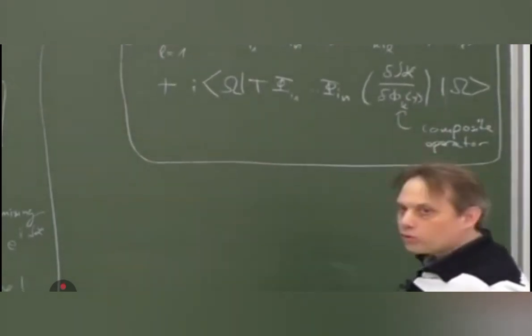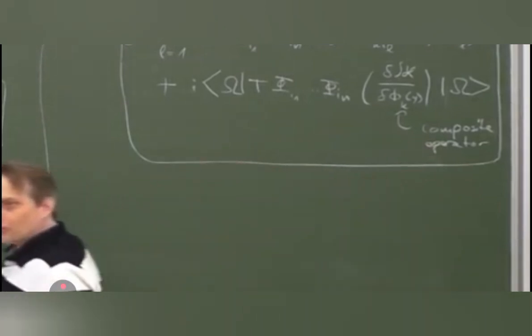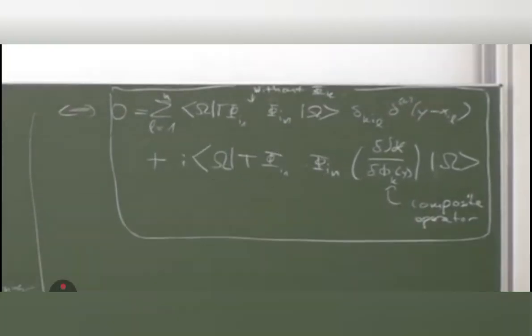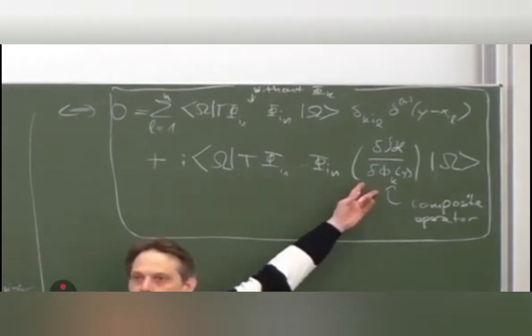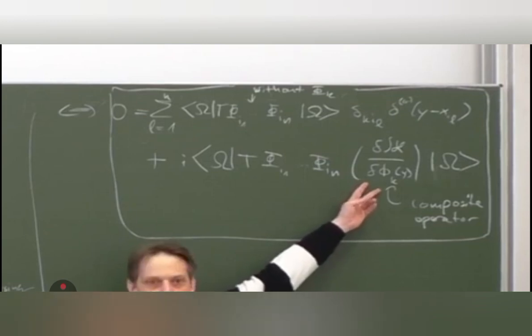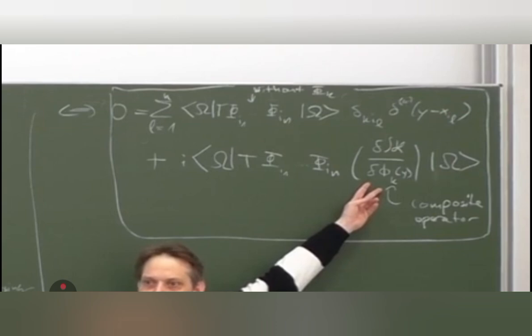So why is this interesting, and what is the particular feature you should keep in mind about this equation? The particular feature is that we have here this object, the functional derivative of the action with respect to a field. What normally is the functional derivative of the action with respect to a field?